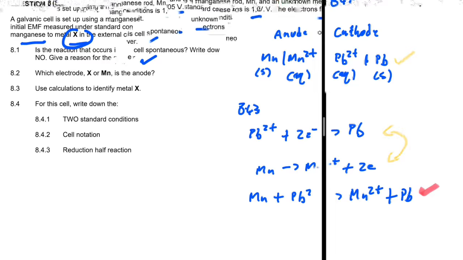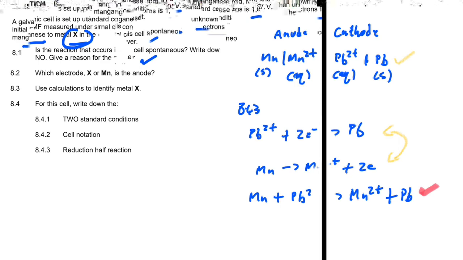Write down the balanced equation for the net reaction that takes place in this cell. Well, at the anode, we have copper getting oxidized to copper 2 plus plus 2 electrons. And then at the cathode, we have silver plus an electron to give us silver. Oxidation half reaction, reduction half reaction.